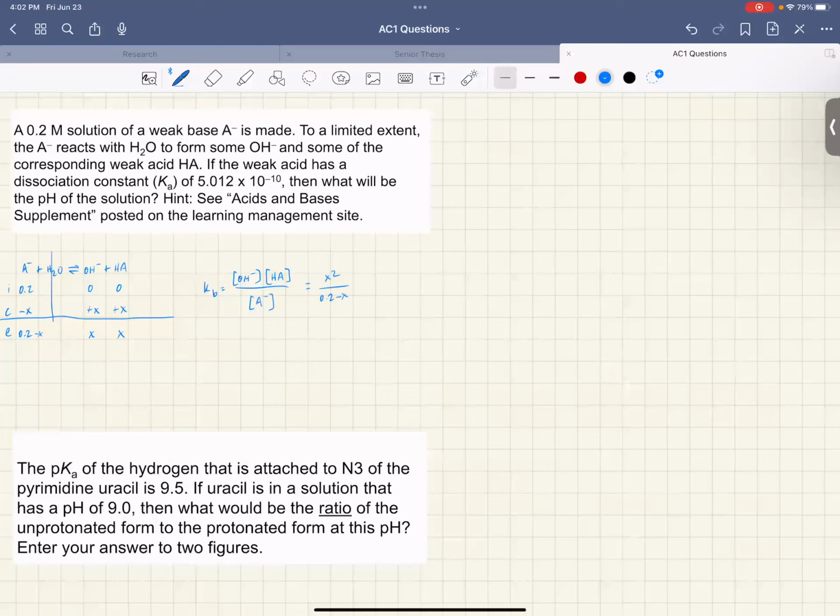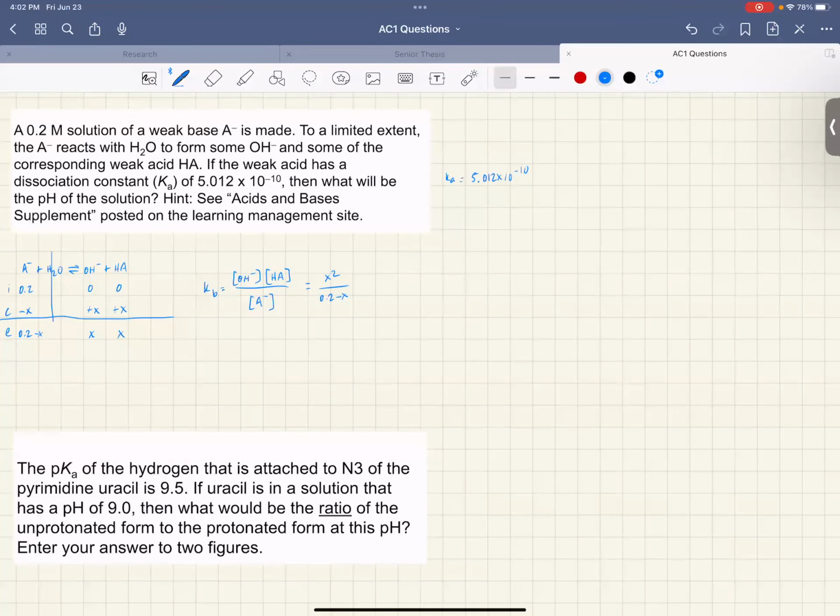So we've been given a Ka of 5.012 times 10 to the negative 10th. And so what we have to do here to actually do this question is find Kb.